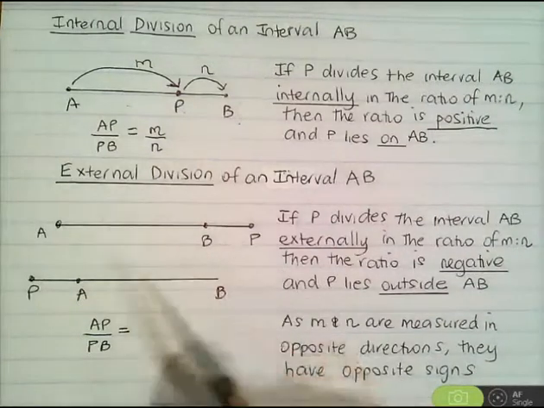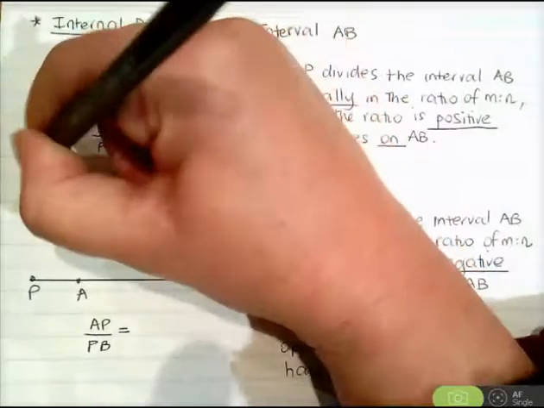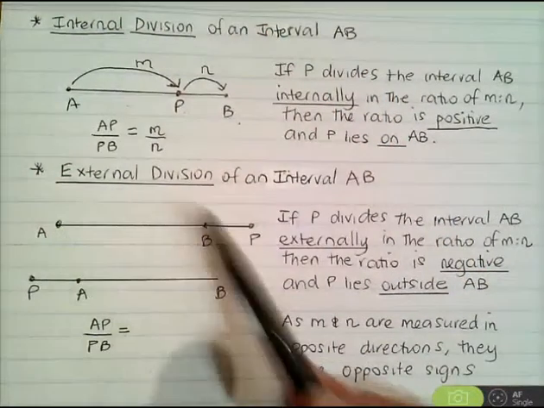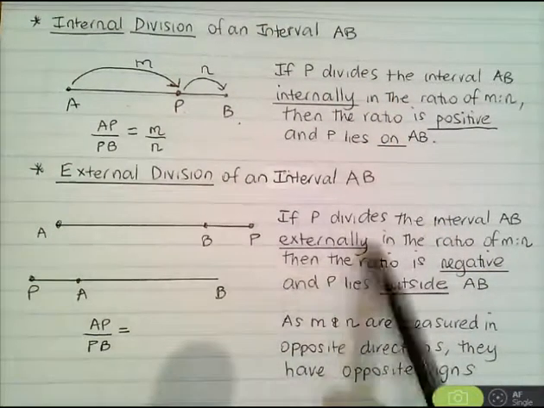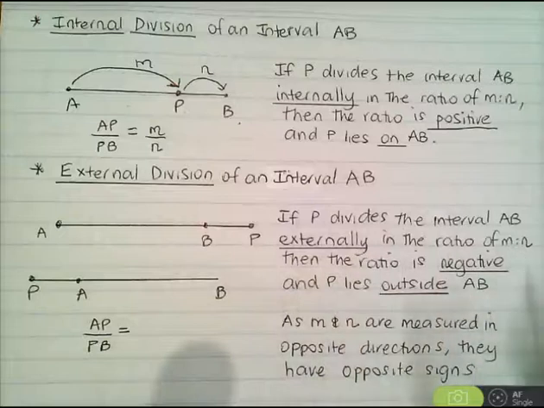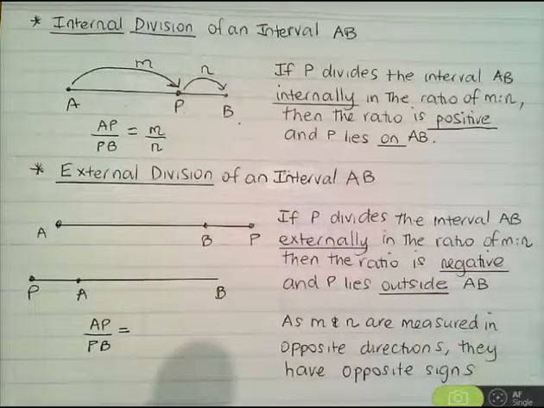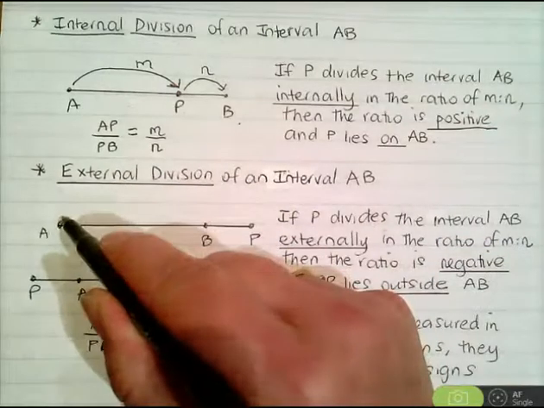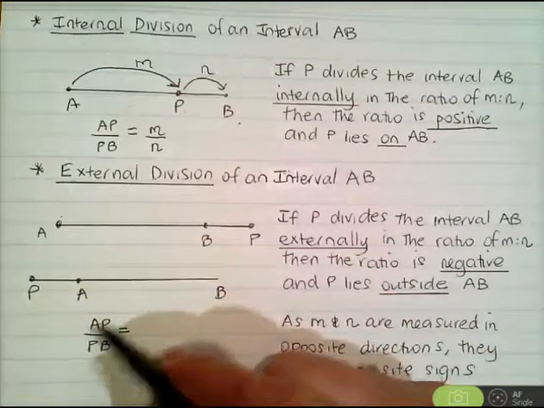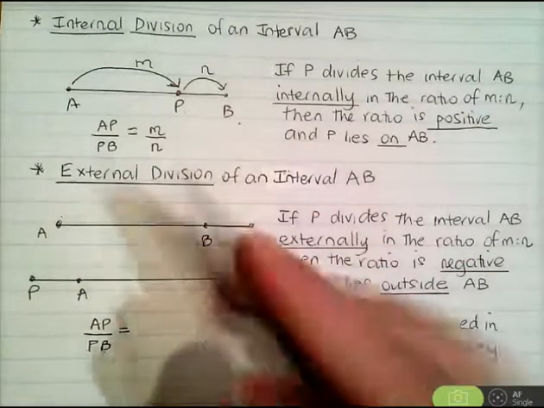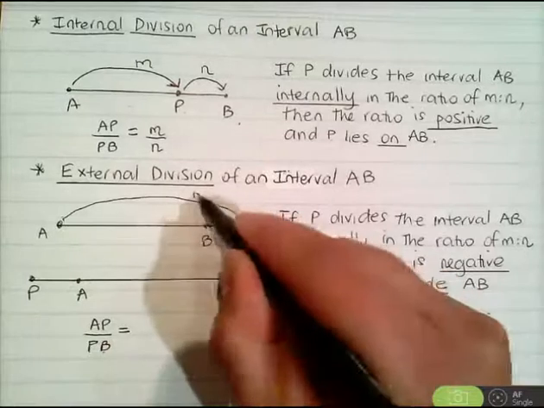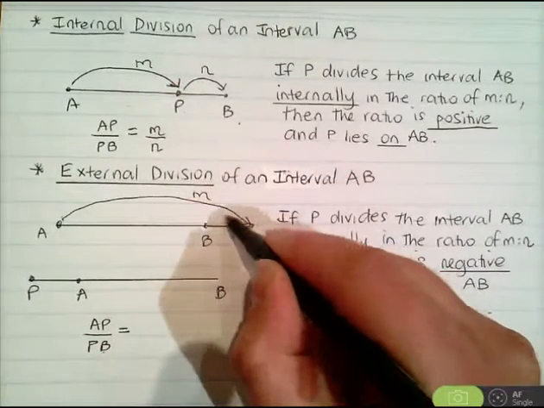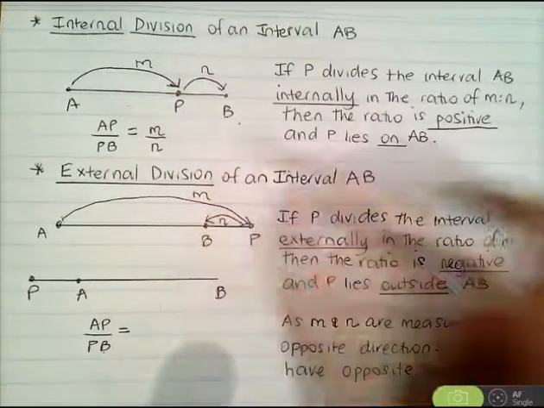Okay? Now, that is different to external division. So down here I've got external division of an interval. Now here is my interval AB, and P divides that interval AB, but externally in the ratio of m to n. Sorry, I'm looking at the ratio of AP to PB. So I go from A to P and I go forwards for that. So that's m. But then I come backwards for n.